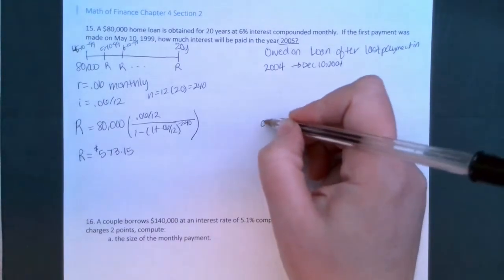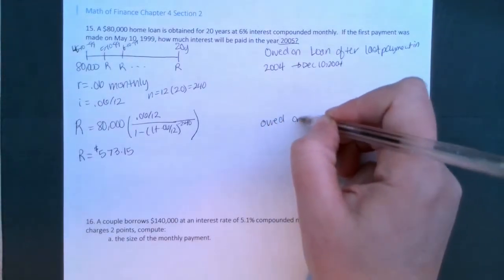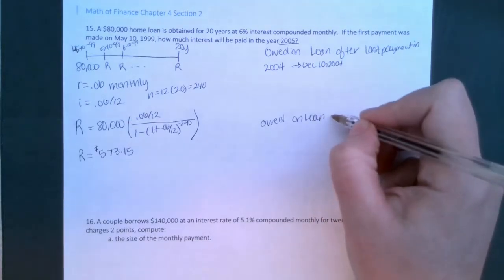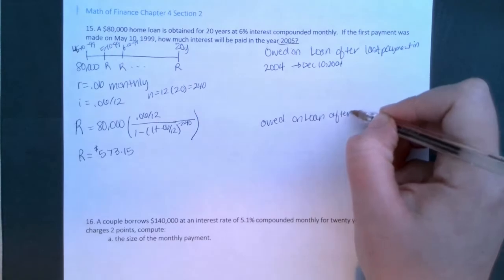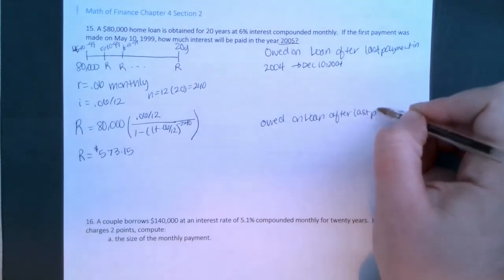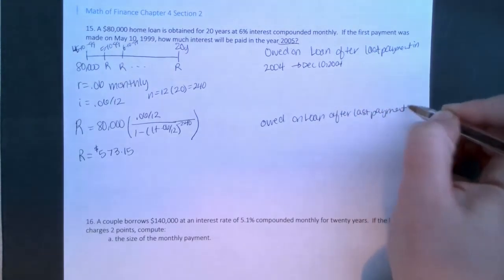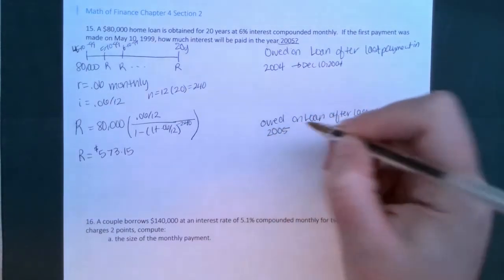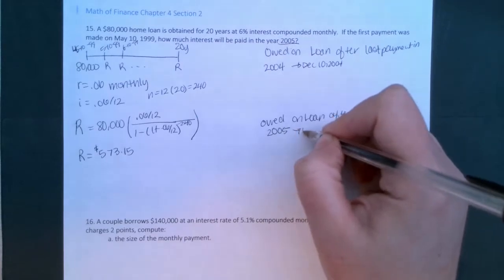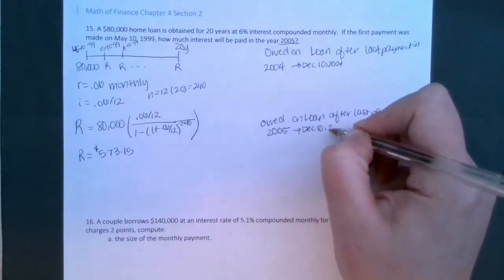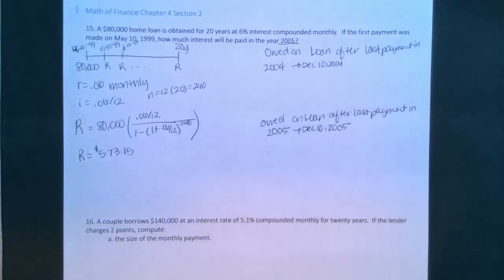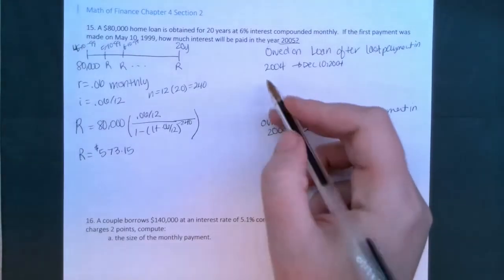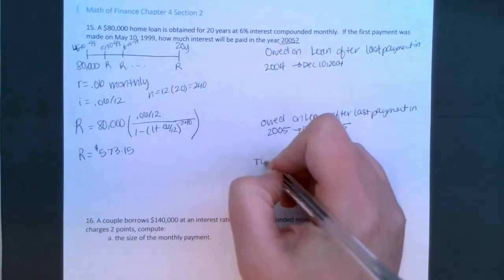And then we're also going to need to figure out how much is owed on the loan after the last payment in 2005. So that would be December 10th, 2005. Then after we take those two pieces, we're going to find the difference, and the difference between this one and this one is going to give us the total principal paid.